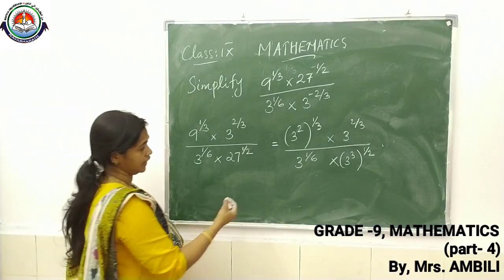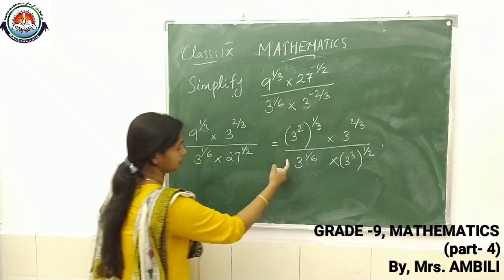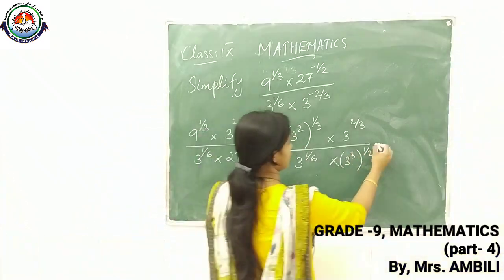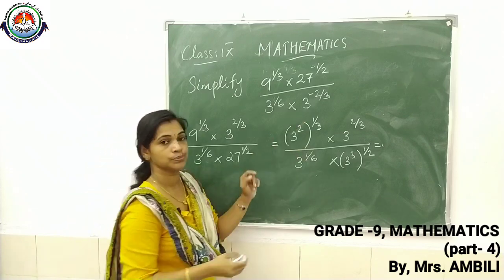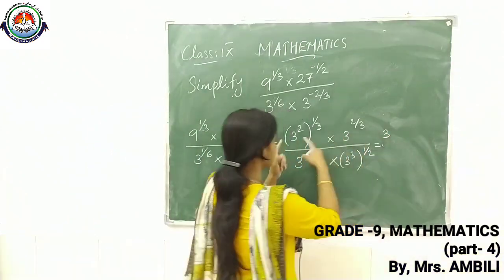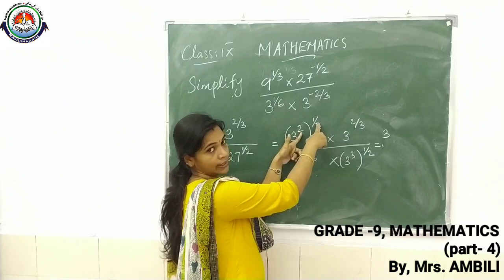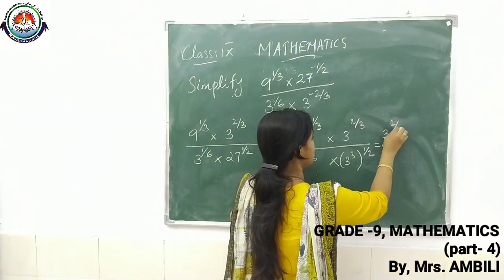Okay. Then again we can rearrange it. How? This 3 square here we can write 3 raised to 2 by 3. 3 raised to 2 into 1 by 3, that is 2 by 3.